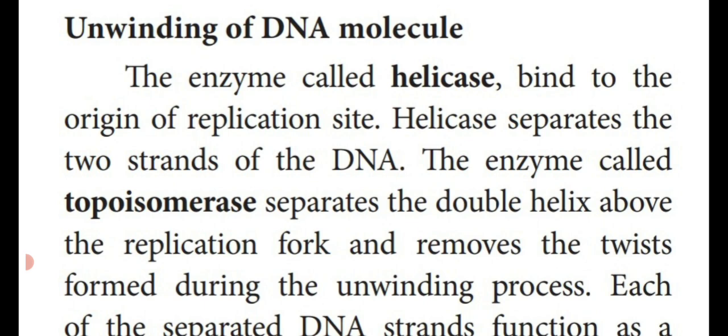Another enzyme is known as topoisomerase, which separates the double helix above the replication fork and removes the twist forming during the unwinding process.